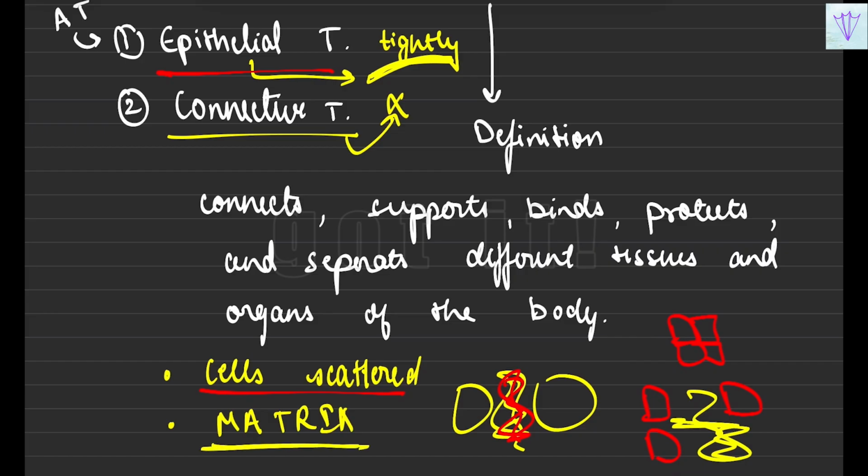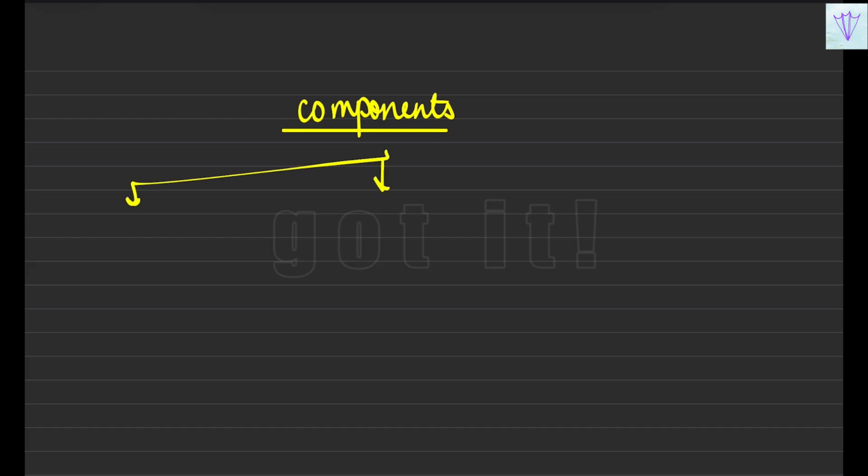What are the components of connective tissue? There are primarily three components: cells, fibers, and matrix.